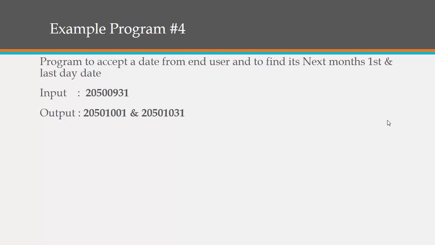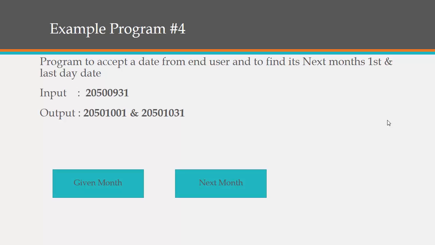How will we achieve that? Consider this to be the given month, the next block to be the next month, and the third block to be the next-to-next month. Now let's assume this pointer to be the G date, the given date, and we will be setting its value to F date.